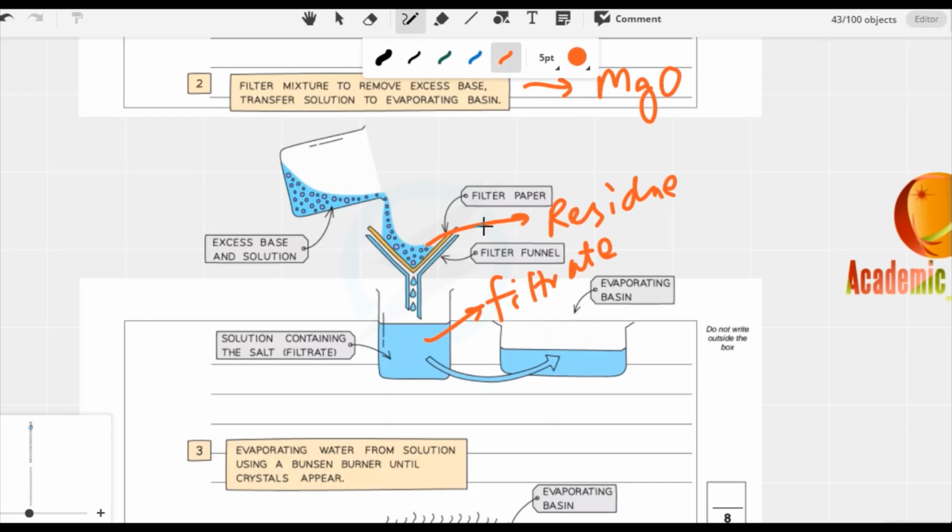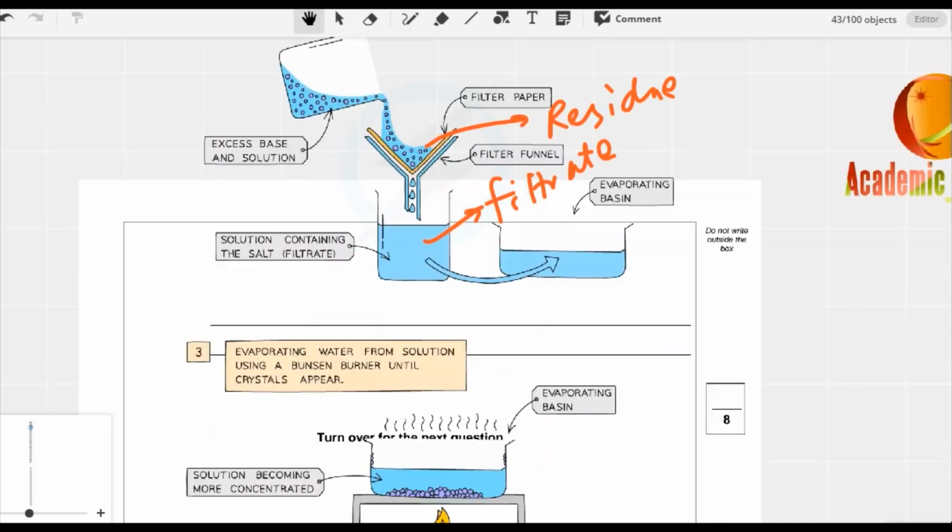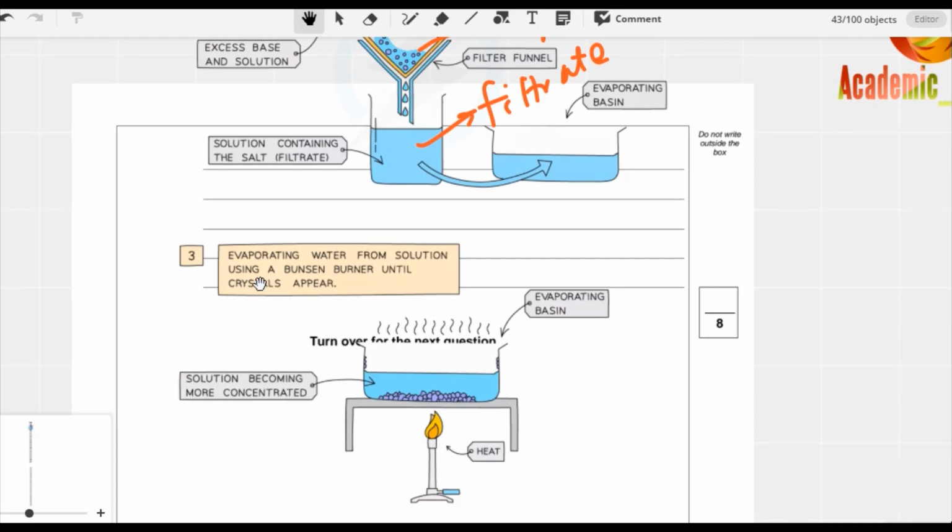During the filtration we will use a filter funnel, filter paper, and another beaker containing the filtrate. And now step 3. Step 3 is evaporating water from the solution using a Bunsen burner until the crystals appear.